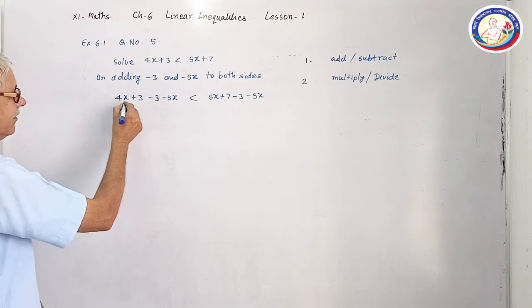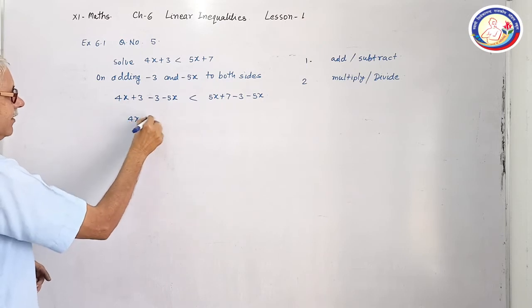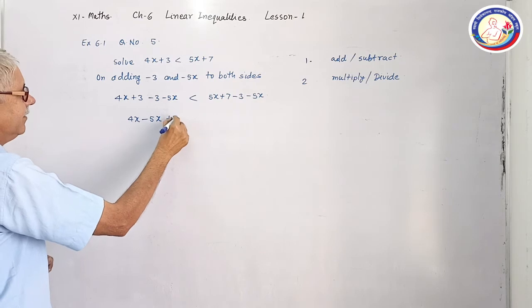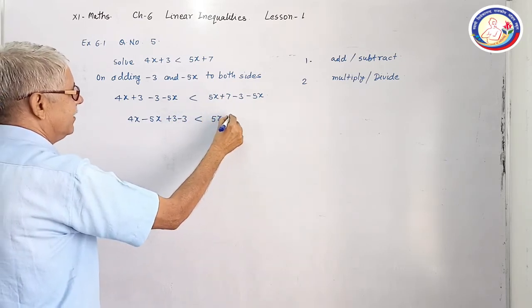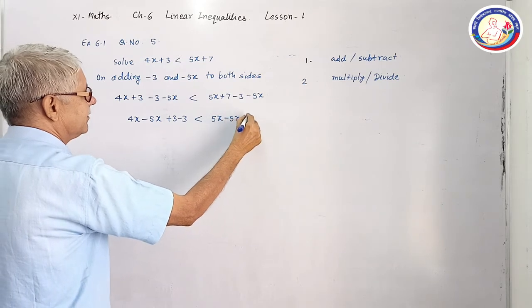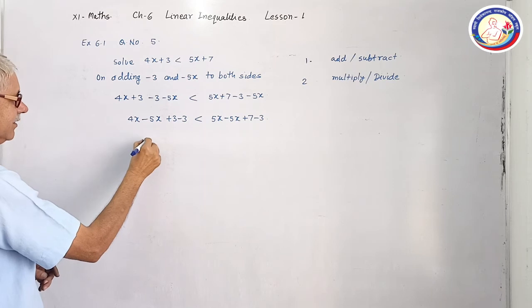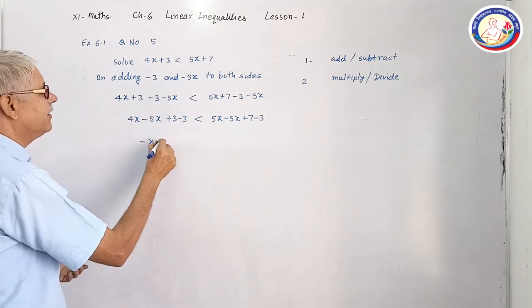So on solution, 4x minus 5x, bring the similar terms together, and plus 3 and minus 3 is less than 5x minus 5x plus 7 minus 3. 4x minus 5x, that is minus x. 3 minus 3, that is 0. I am writing here 0.